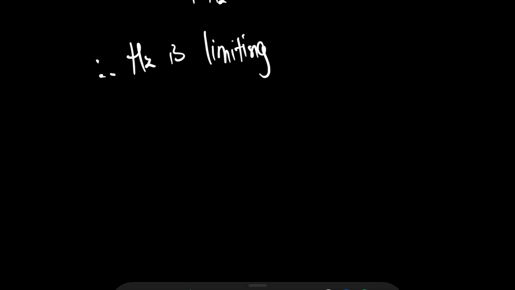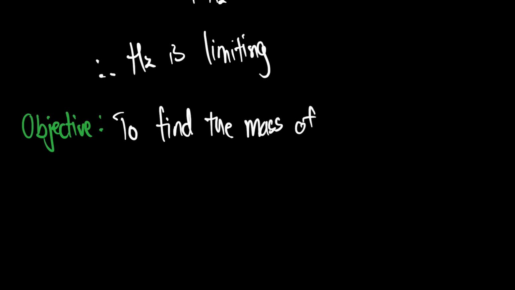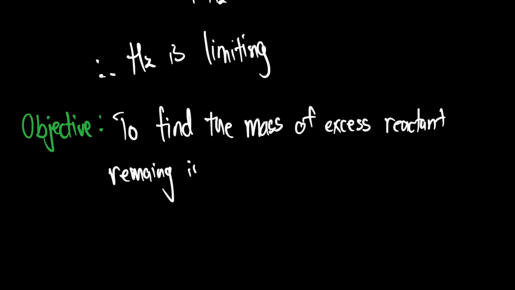So following on from this example, they say your objective is to find the mass of excess reactant left in grams, because we know that the excess reactant at the end of the reaction, it's the reactant that always remains.